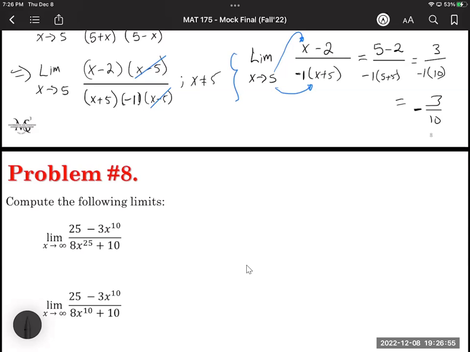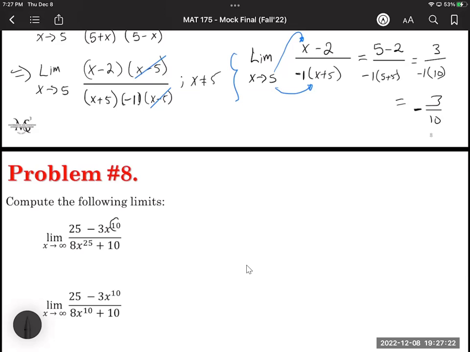Limit as x approaches infinity of 25 minus 3x to the 10th divided by 8x to the 25 plus 10. What is my power of the numerator, or what's my degree of the numerator? It's 10.